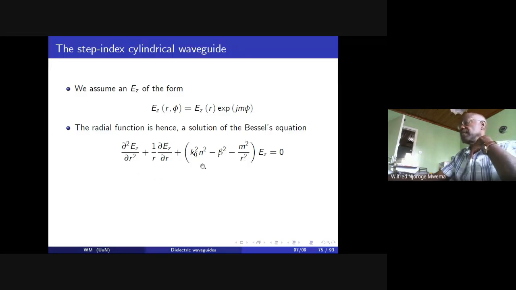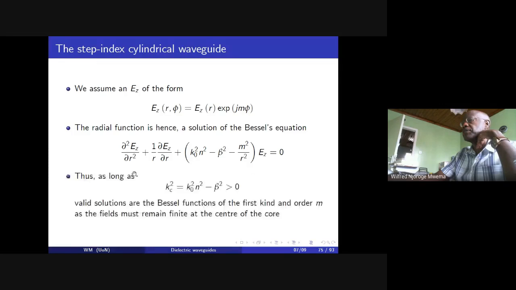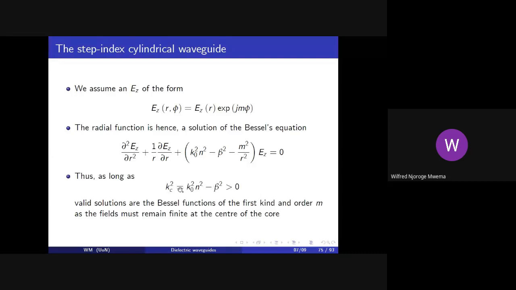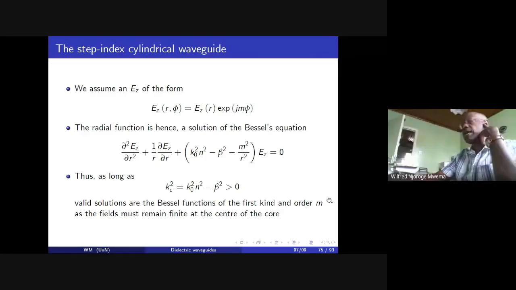And thus, as long as the cutoff wavenumber Kc is greater than 0, the valid solutions are going to be the Bessel functions of the first kind having an order m, as the fields must remain finite at the center of the core, okay?